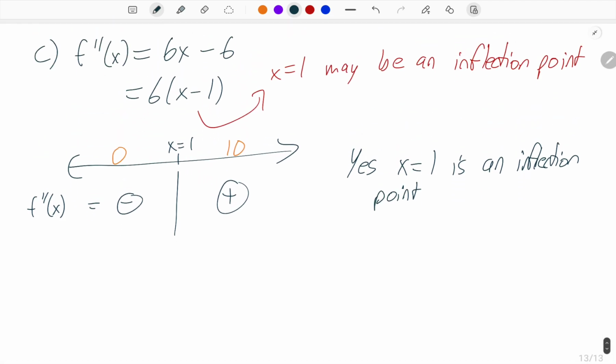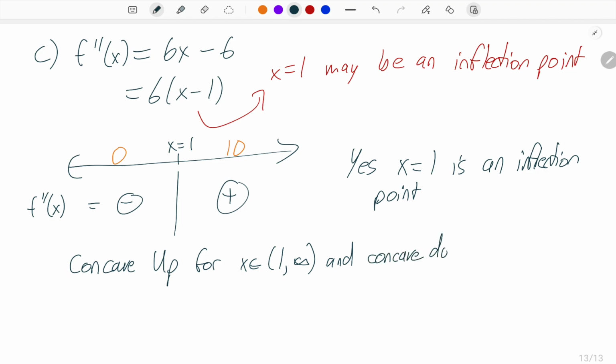Not only that, it is concave up for x an element of 1 to infinity, and concave down before that, for x an element of negative infinity to 1.